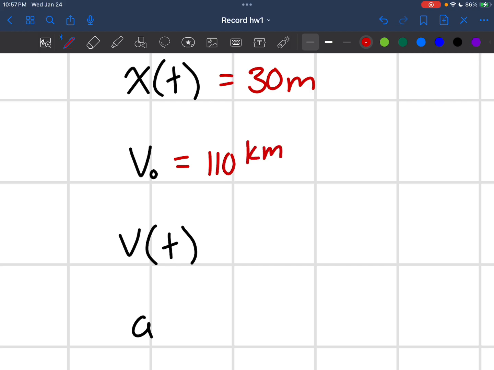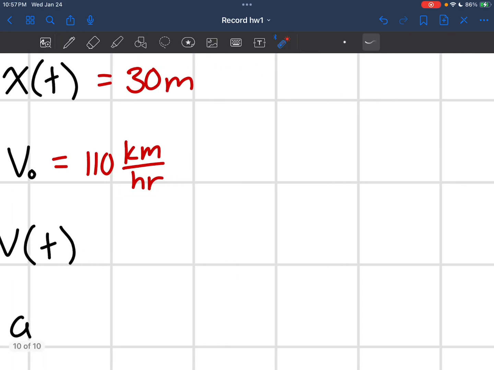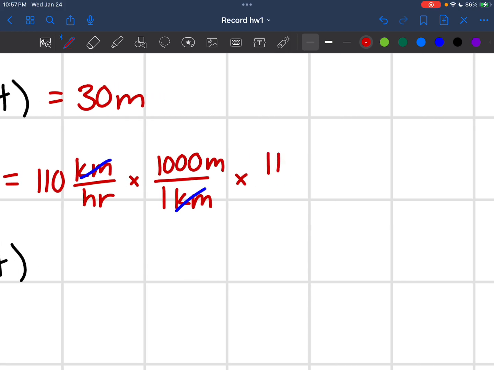110 kilometers per hour. Now we right away should recognize kilometers per hour isn't in base units. So I'm going to convert that to meters per second. So 1 kilometer, 1,000 meters. Kilometers cancels. And 1 hour, 3,600 seconds.